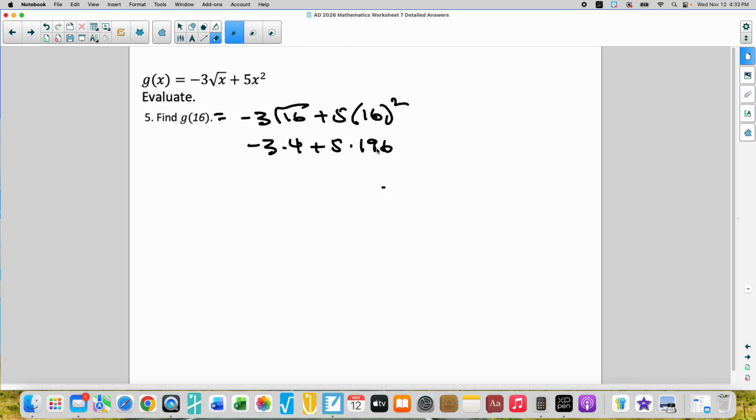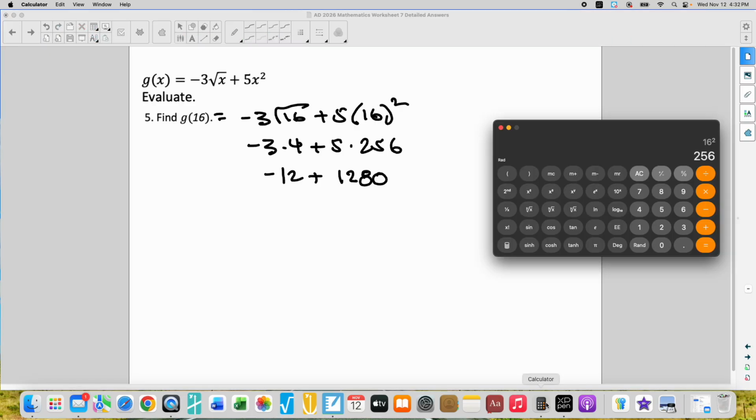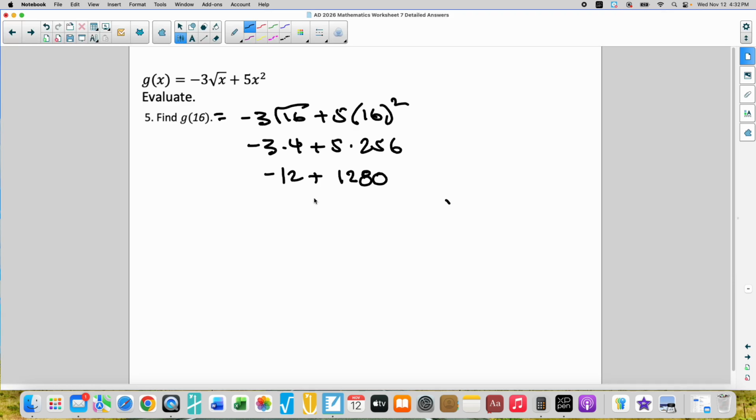Not even close. 256, which gives negative 12. Let's see if that's correct. 256 times 5 is 1280. Yes. Made up for it. 1268 equals g of 16.